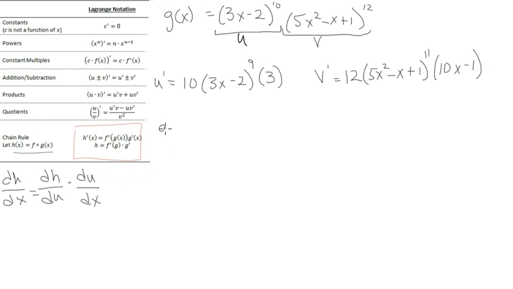And so my derivative of g of x is going to be equal to the derivative of u. I'm going to multiply my constants together. I get 30 times 3x minus 2 to the 9th.